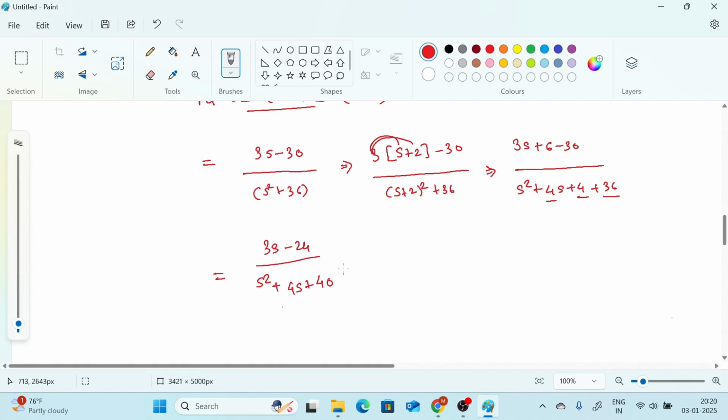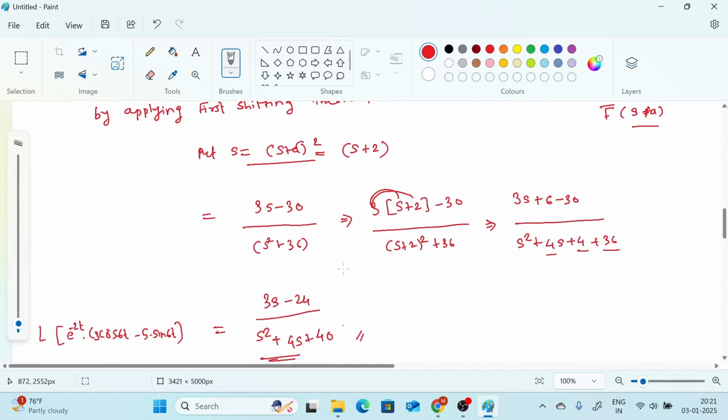This is the value for Laplace of e raised to minus 2t into 3 cos 6t minus 5 sine 6t, right? So this is the answer for this equation. Go to the next.